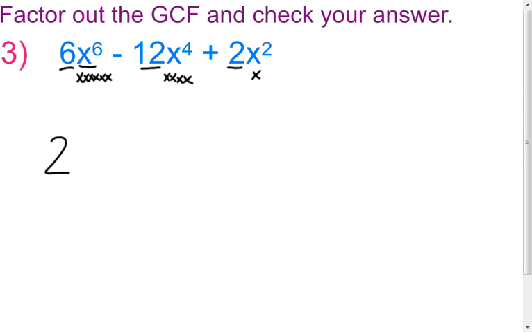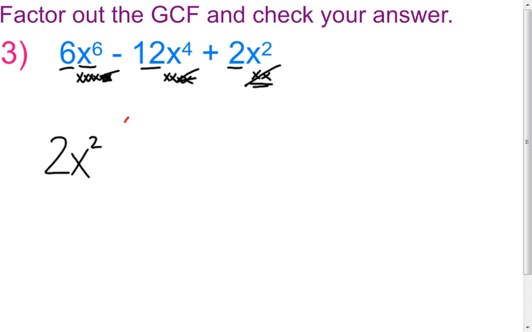This one has 2 x's. So do you see how they all have at least 2 x's? They all have at least 2. So I can pull out an x squared. So basically what that means is I've used 2 of those x's from each term. So I used 2, I used 2, and I used 2 when I factor them out. Okay, that'll help us here in a minute.